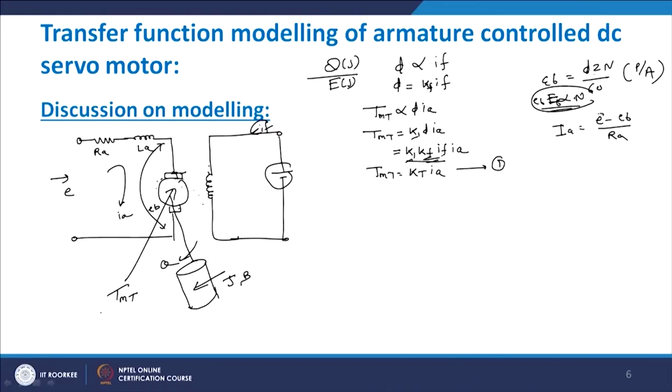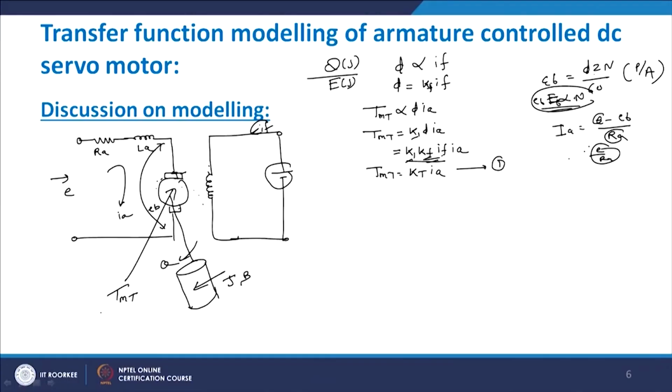When the speed is low, Eb is also low because Eb is proportional to speed, and the current is E by Ra. The current is in this case E by Ra, and this is quite large. But as the motor gathers speed, Eb increases and the armature current decreases. So this Eb is just like a starter, it controls the armature current.